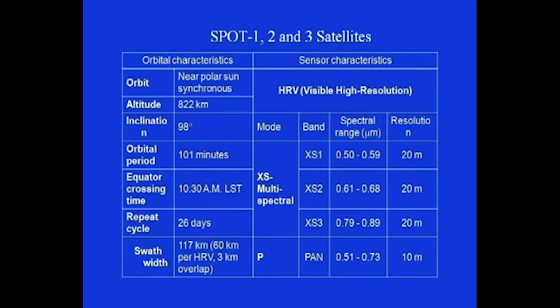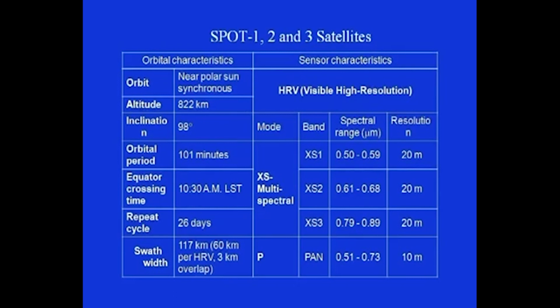The SPOT 1, 2 and 3 satellites have a near polar sun synchronous orbit. They fly at an altitude of 822 kilometers at an inclination of 98 degrees, having an orbital period of 101 minutes, crossing the equator every time at 10:30 a.m. local solar time, having a revisit period of 26 days with a swath width of 117 kilometers, that is 60 kilometers per sensor with a 3 kilometer overlap.